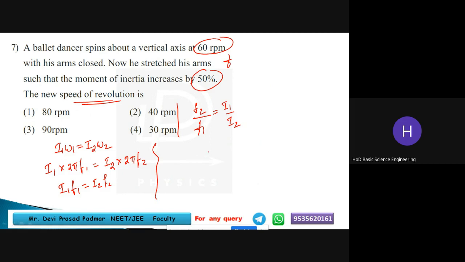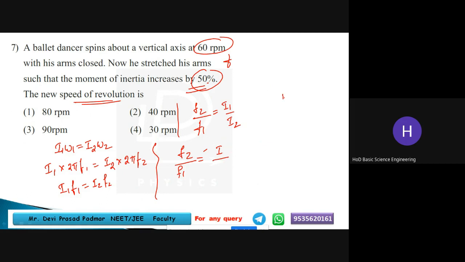Now, given that the moment of inertia is increased by 50%. Initially, if you consider F2 divided by F1, that is equal to the initial moment of inertia, if you consider that as I, then it is increased by 50%.